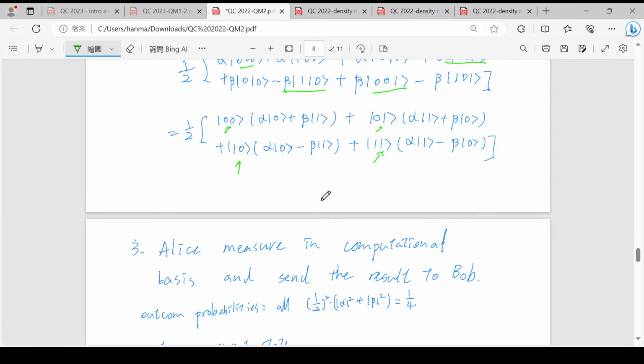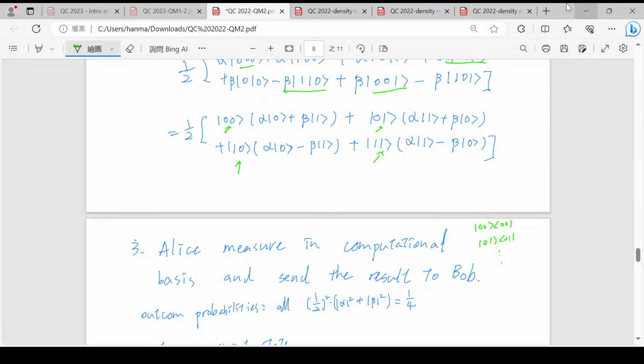So Alice measured the first 2 qubits in the computational basis. And in the computational basis, the measurement operators are basically projectors onto the bit strings. So you have the projector onto 0, 0, projector onto 0, 1, and so on.